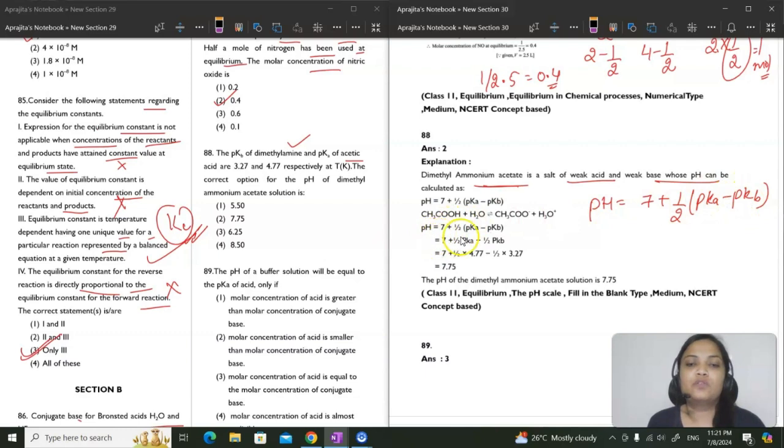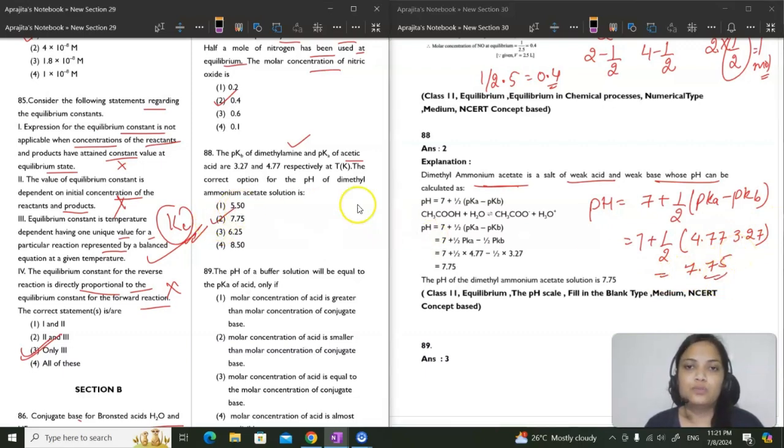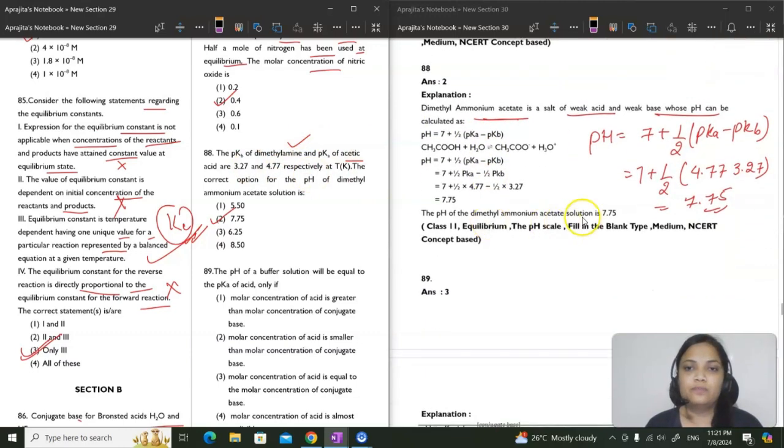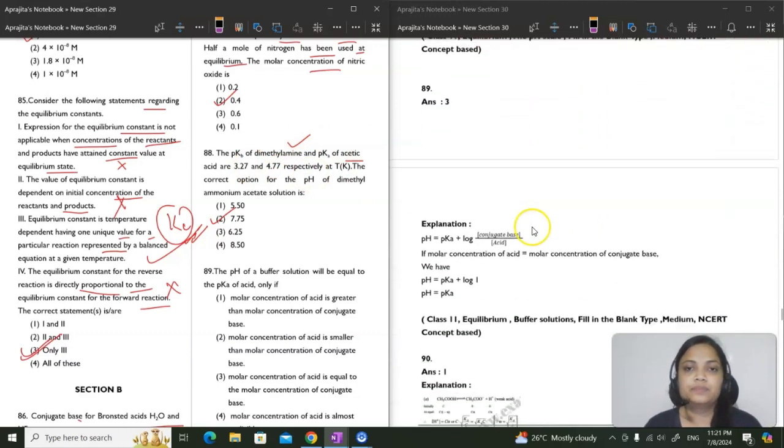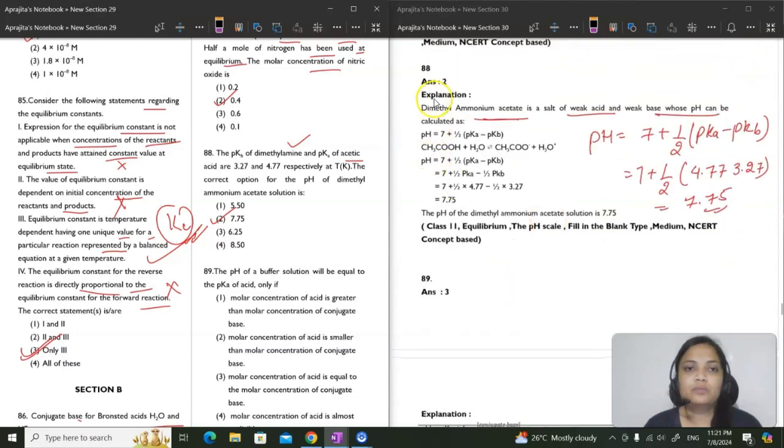Put the value 7 plus half into 4.77 minus 3.27. Very easy, just put the value and solve it. It will come out to be 7.75. The answer is option 2, because dimethylamine and acetic acid are weak base and weak acid, so we apply this formula.